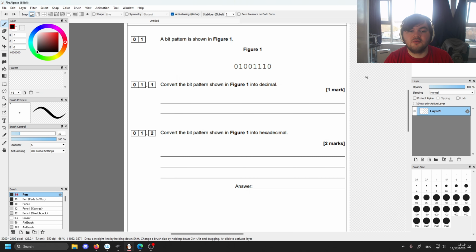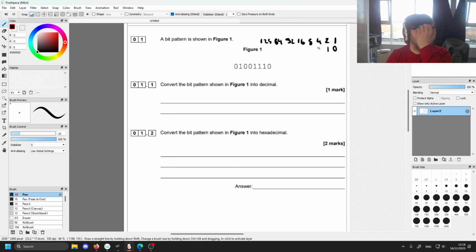Now we're going to look at the sample paper for 2022 rather than the 2022 exam paper. Question 1 of the sample paper begins by showing us a bit pattern 01001110. Question 1.1 asks you to convert this binary pattern into decimal.